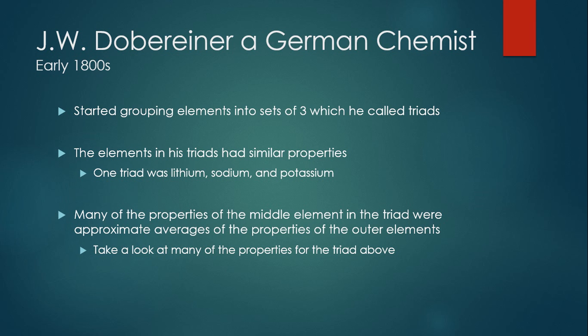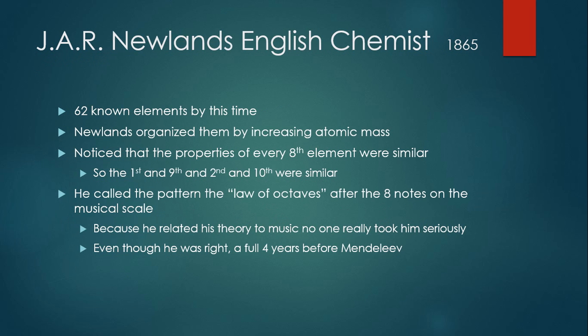So like maybe he was using density and he realized, okay, well, density kind of fits that pattern, but well, look, melting point also fits this pattern. Ionization energy also fits this pattern. So it was a pretty big breakthrough, and it was the first real organization scheme that we had for elements. And so first thing we had was triads.